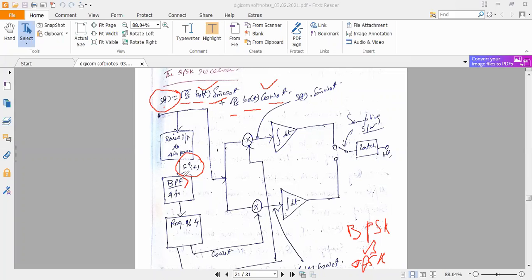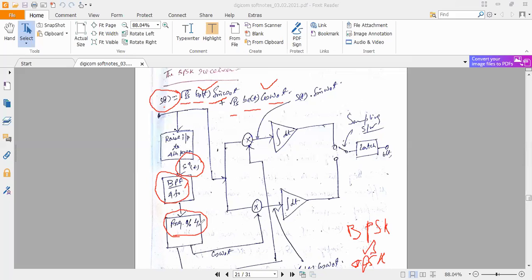So S to the power 4. What was the bandpass filter there? It was 2f0, because of doubling, but here it will be the 4th times the fundamental, therefore the bandpass filter with 4f0 you have to use here. Now in BPSK, what did we take? A frequency divided by 2 circuit.